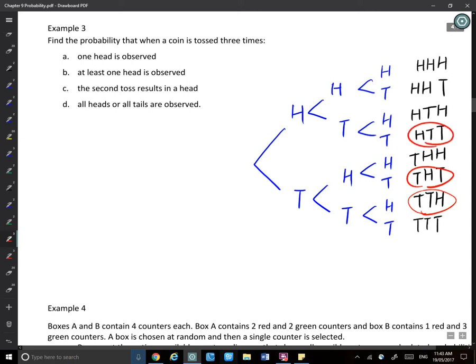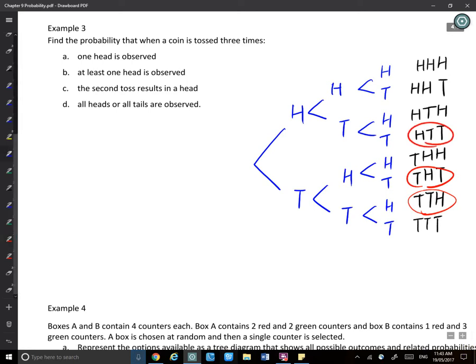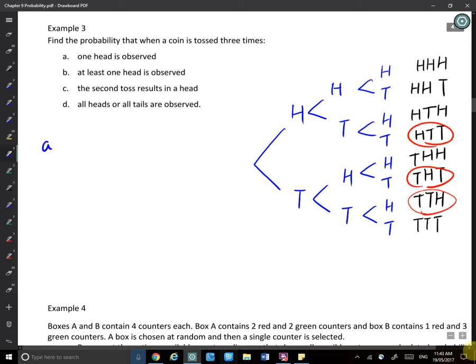Okay, 3 times you only have one head. So how many outcomes in total? 8. So the probability of one head equals 3 over 8.